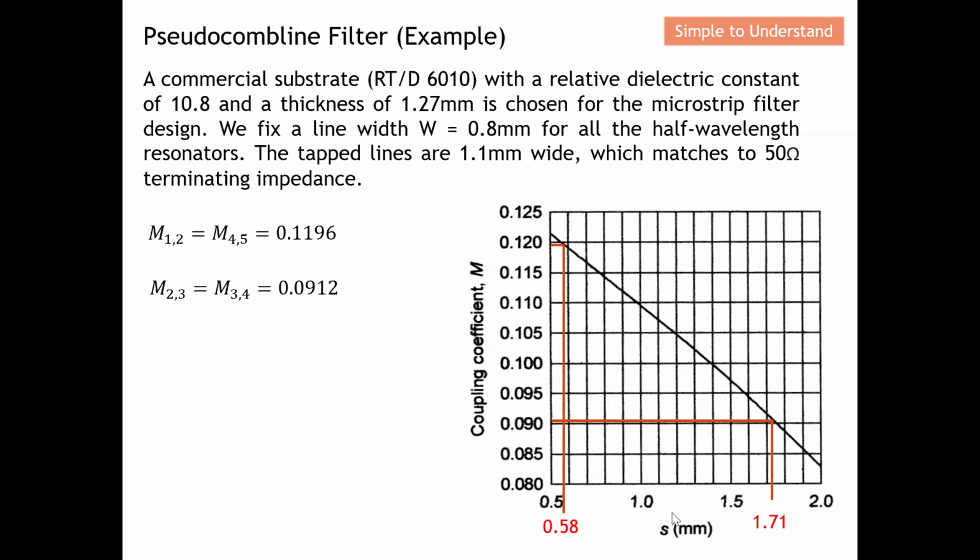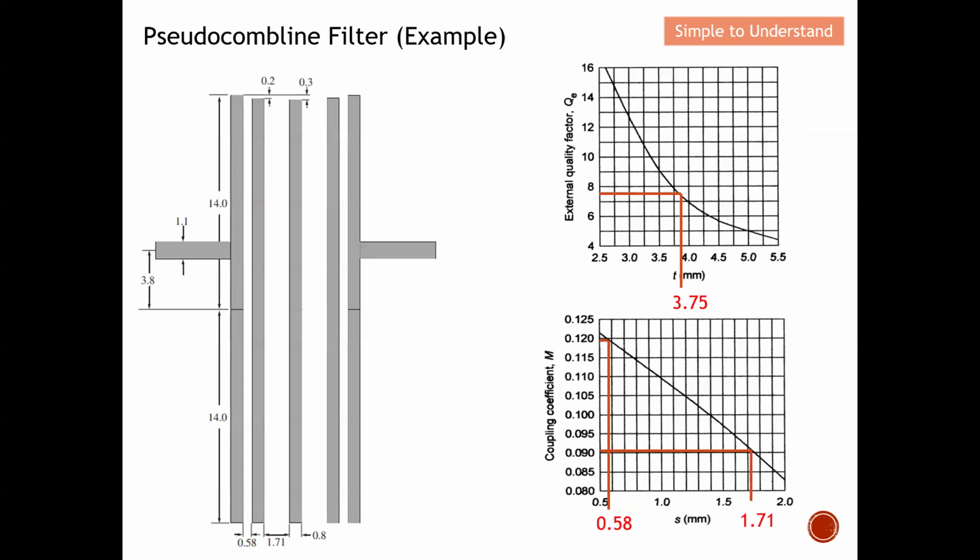So with all these things, I'm ready to design the pseudo-combline filter. I have mentioned this is so-called without the capacitor. So these are all half of wavelength, which means lambda G over 2. So basically this will be the length.